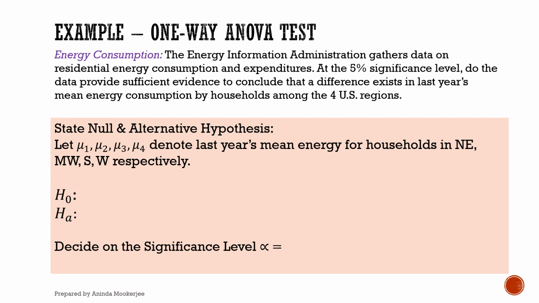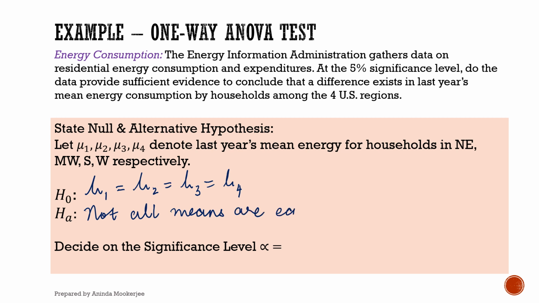So the null hypothesis is going to state that mu sub 1 equals mu sub 2 equals mu sub 3 equals mu sub 4. Whereas the alternate hypothesis has to be stated in a phrase, in a sentence. We have to say not all means are equal. Again, like I said before, we cannot write it as mu sub 1 not equal to mu sub 2, not equal to mu sub 3, not equal to.